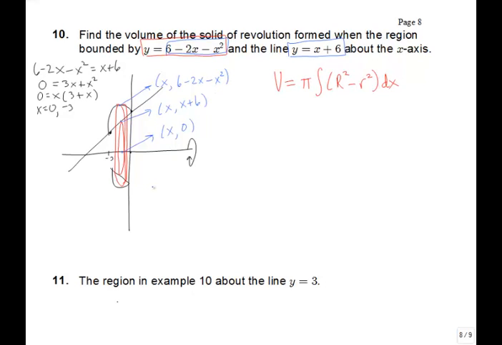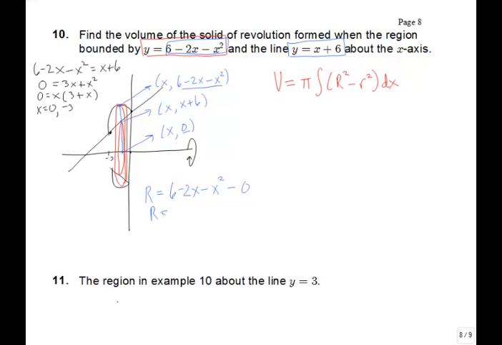So my big radius, R, is going to be from this upper point down to my center. And so that's this y coordinate down to this y coordinate. So 6 minus 2x minus x squared, that's the upper y value, minus the lower y value, which is that 0.